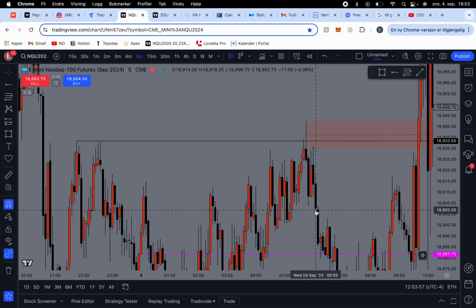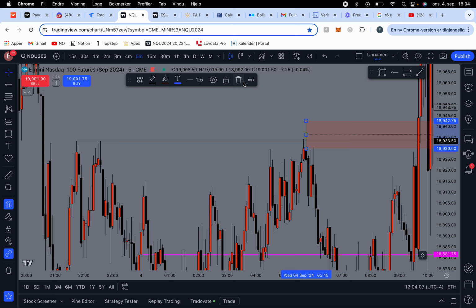we have a rejection and then price comes back up to test the start of the wick. Sometimes it touches CE, sometimes it just touches the start of the wick.